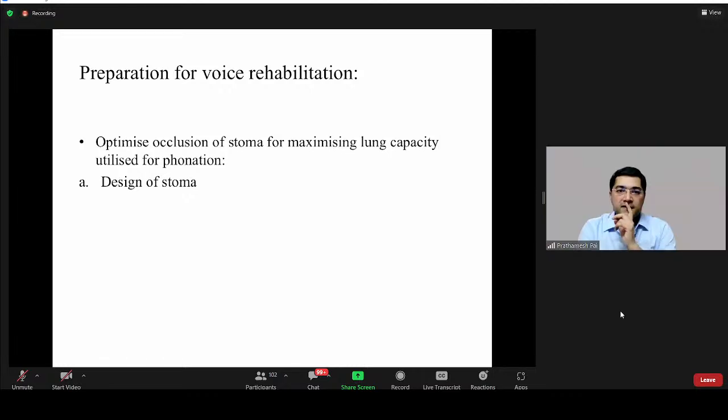Another comment, I'm sorry. We spoke about the adult male trachea, and most of us will be dealing with male laryngectomies. Uncommonly, we will come across a female laryngectomy, and in them the trachea is usually smaller in diameter. So I would urge everybody to visualize that trachea and see if it is adequate for maintenance of the stoma and the prosthesis. At that point, you should consider doing a tracheoplasty on table.